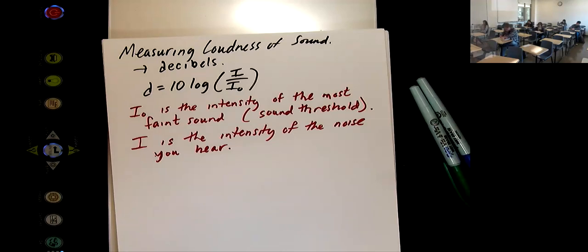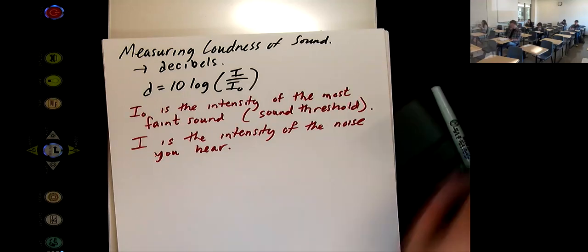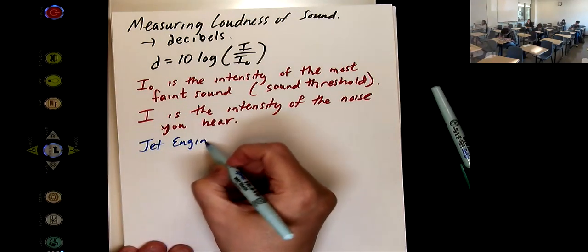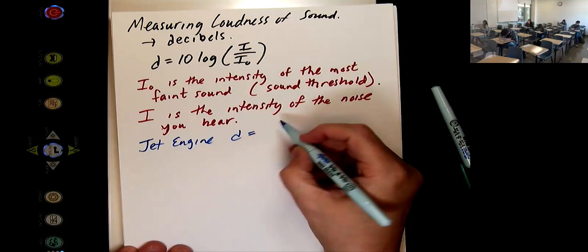Let's see, jet engine decibels. For a jet engine, D is usually 160 decibels.